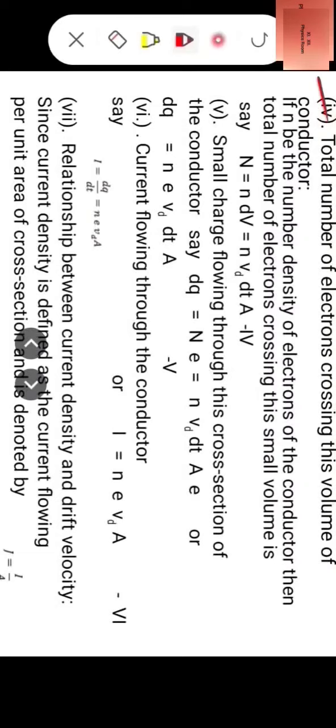Fourth, total number of electrons crossing this volume of conductor.